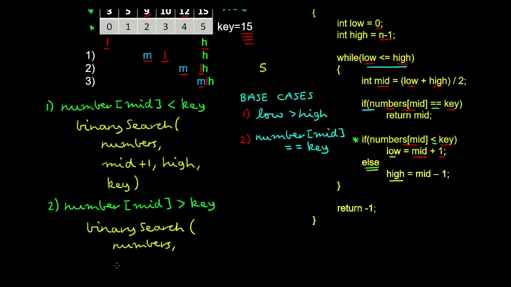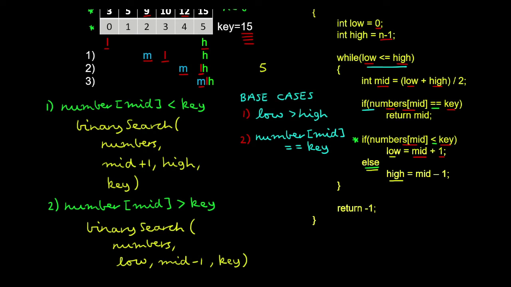So therefore the low index remains the same, and the high index will be mid minus 1. And finally, we take in the number that we want to find, being the key, as an input.